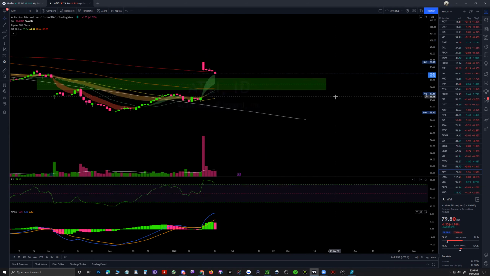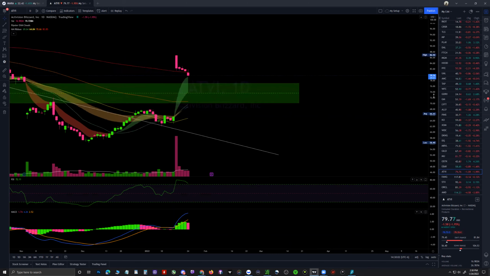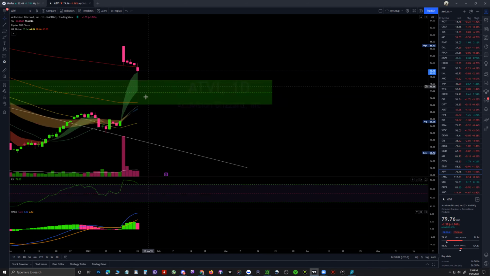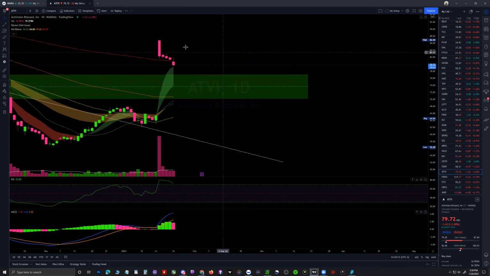Look at this massive gap up. When Microsoft acquired ATVI, it just gapped way up, but it's been coming down since. We've got a gap to fill here. I would almost bet on puts. I would say that this gap is going to be filled.